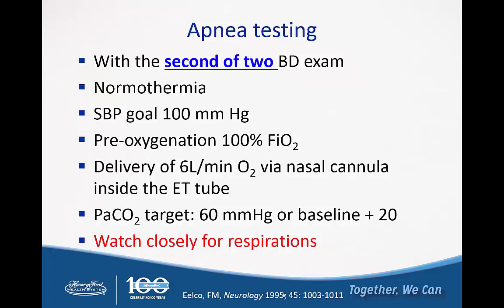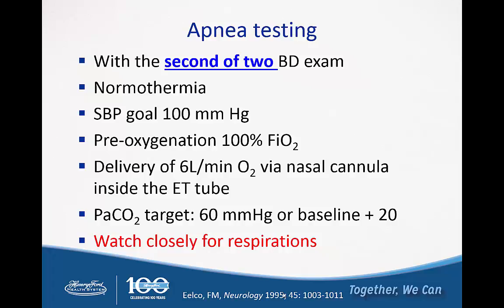Same as before, the patient has to be normothermic and have a pretty good blood pressure, and that can be on vasopressors, and oftentimes it is. We pre-oxygenate the patient with 100% oxygen, and then we deliver 6 liters per minute of oxygen by nasal cannula. The most practical way to do this here is to cut off the nasal cannula prong, and then you have two pieces of plastic.